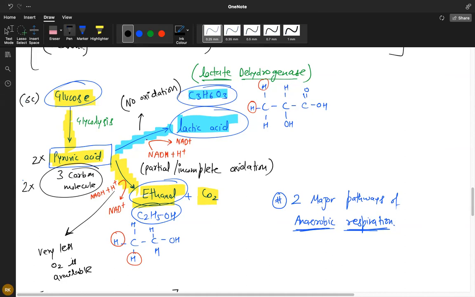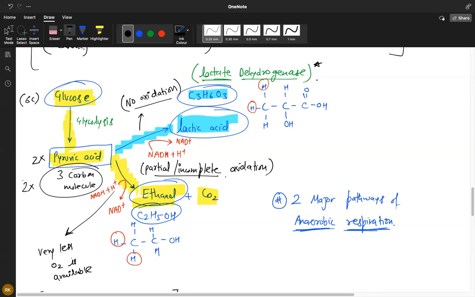And then this pyruvate, under less oxygen or oxygen deprived condition, can show no oxidation or partial or incomplete oxidation. If there is no oxidation or very less oxidation, so addition of hydrogen, which means hydrogenation, then lactic acid is formed from this pyruvic acid with the enzyme called lactate dehydrogenase.